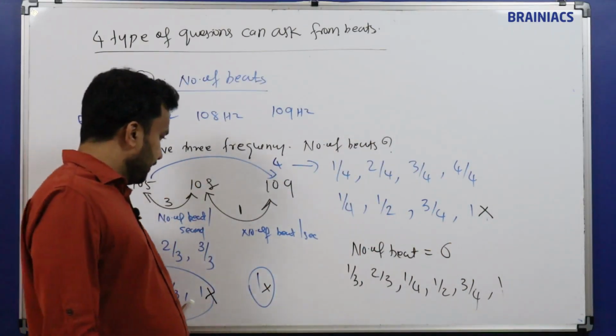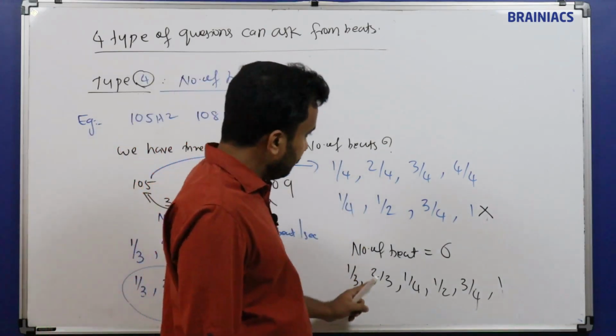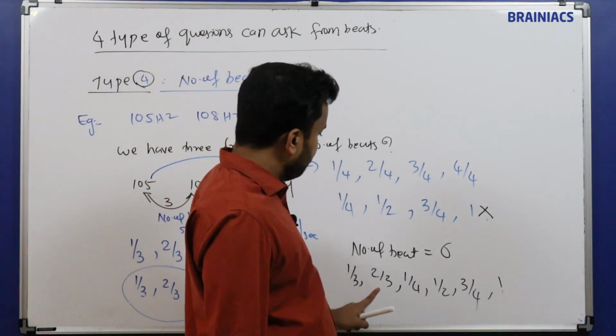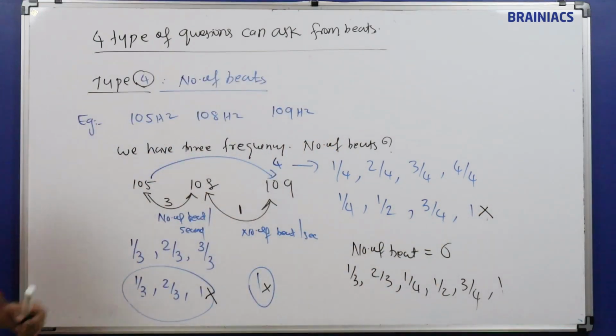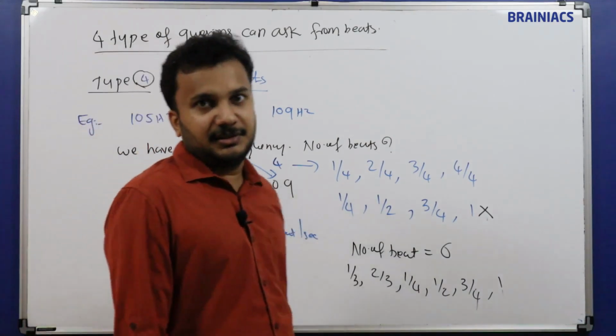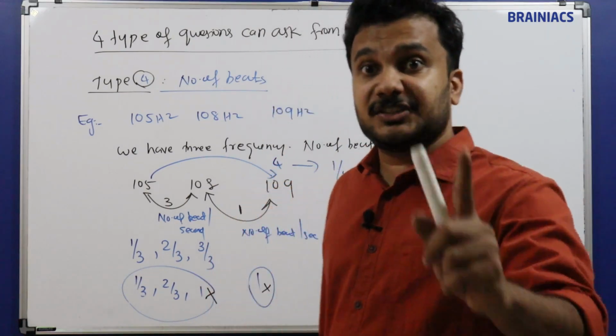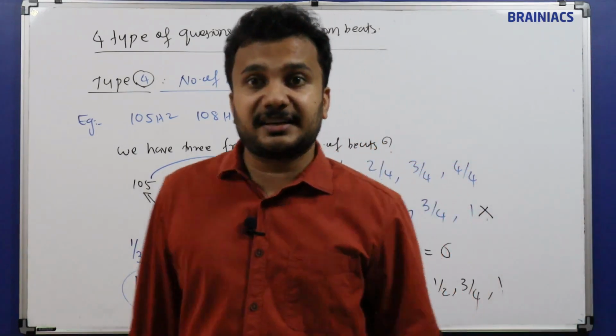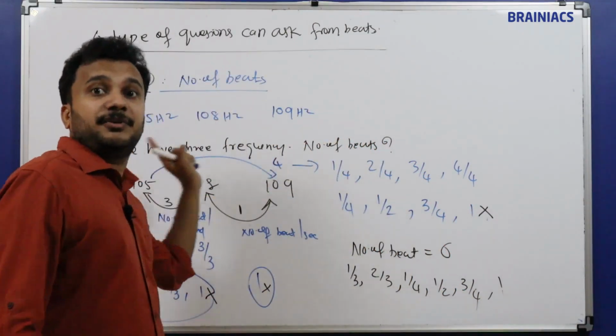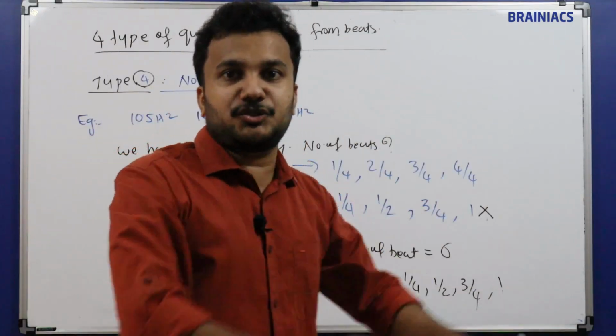So number of beats will be equal to 6. 6 beats means number of maximas in 1 second. 6 maximas in 1 second if these three frequency waves are interfering, superimposing.